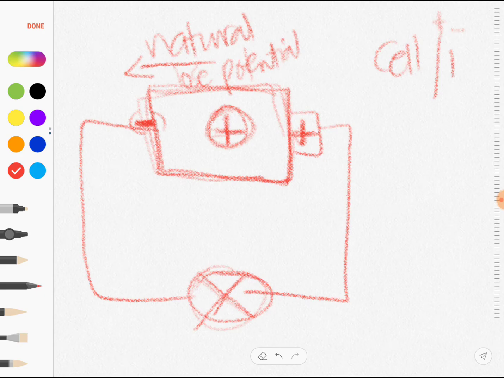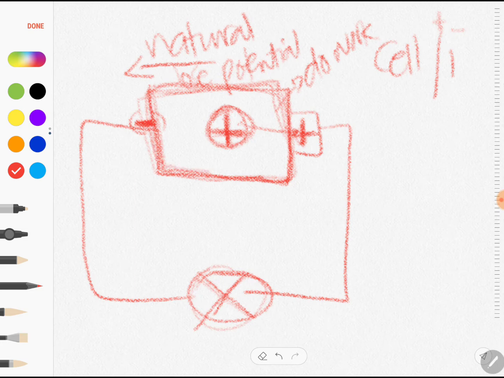Okay, now in order for this positive test charge to gain potential, we need to do work on it. We are going to do work on it so that it will move towards the positive terminal. Do work. Now inside a battery, there are chemical processes that happen such that they will push the positive test charge towards the positive terminal.